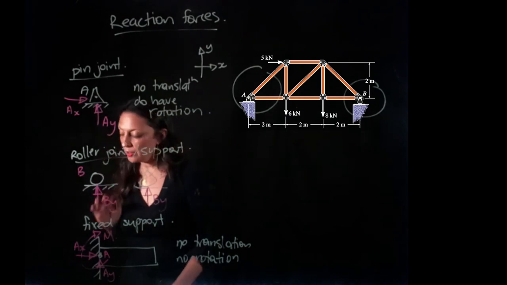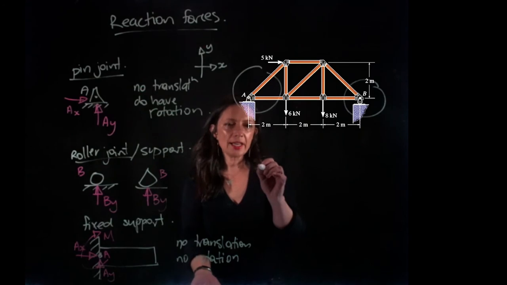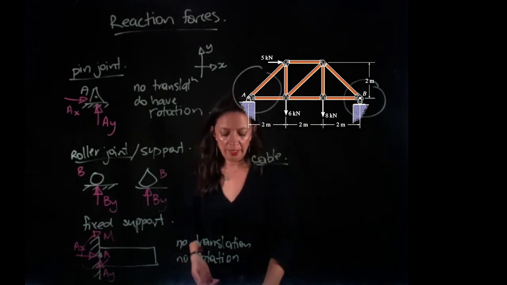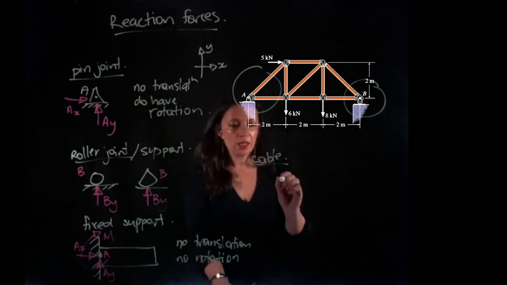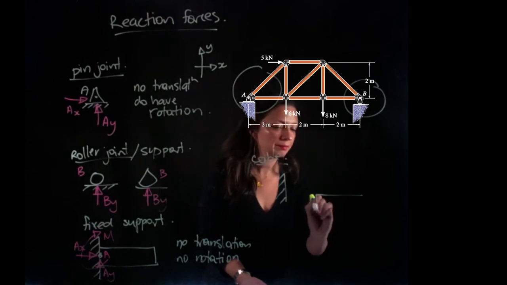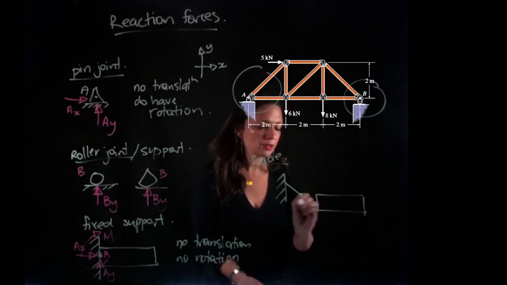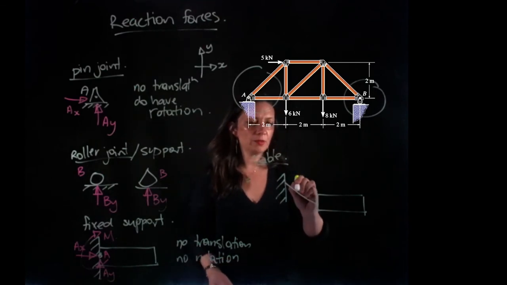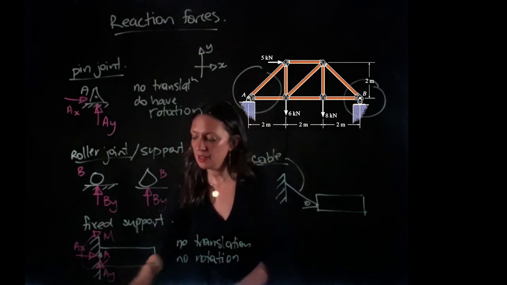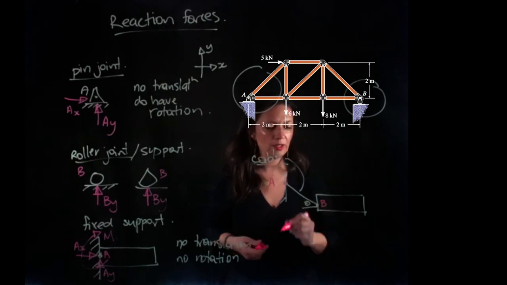And then there's actually one more case that we're interested in, and that is a cable. So what happens if we have a cable? If we have a wall and we have a beam, and to support the beam we have a cable, so that's my cable. I have an angle, and I have point A at the wall and B at the beam.